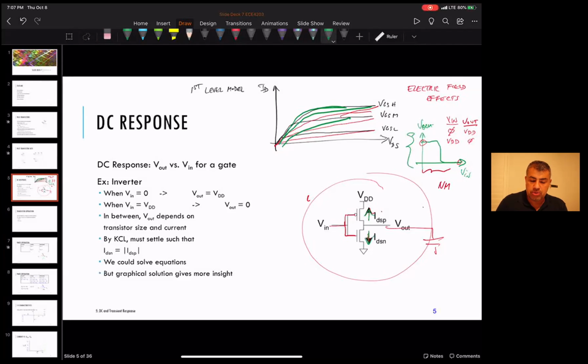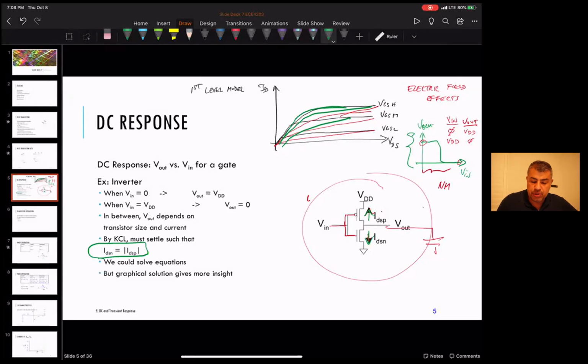And we set those equal to each other, at least in absolute value, because they're going in different directions. And you figure out, as the input changes, how does the output voltage change?